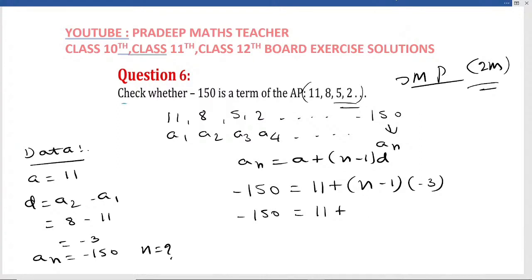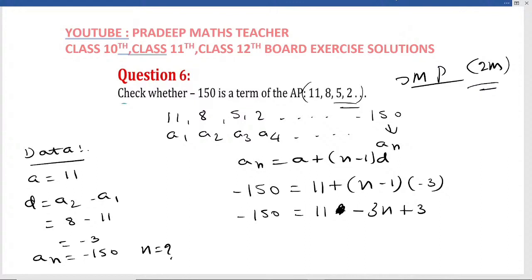Now I'll multiply the symbols first. Minus into plus is minus, so 3 into n is 3n. Plus, now here minus into minus is plus, 3 ones are 3.